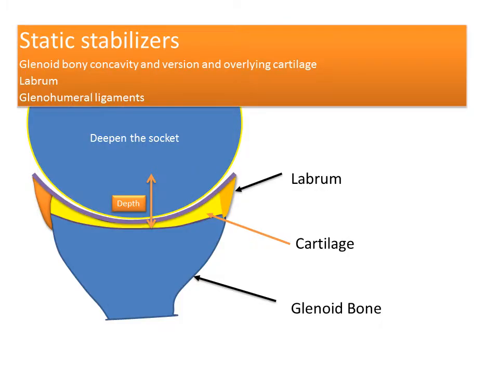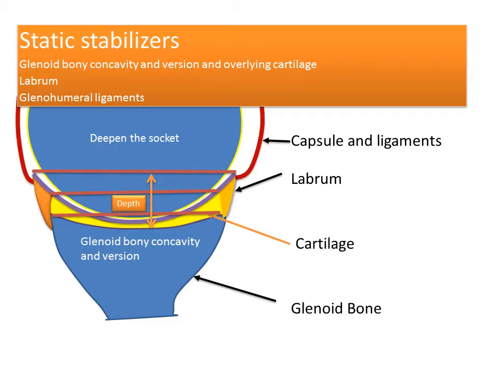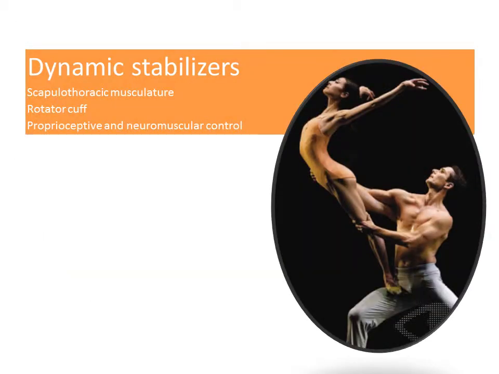So in diagrammatic form, we have the static stabilizers, including the glenoid bony cavity with its relevant version and the overlying cartilage. Added to that is the labrum, which adds more depth to the socket, and also adding stability are the capsule and ligaments surrounding the shoulder joint.